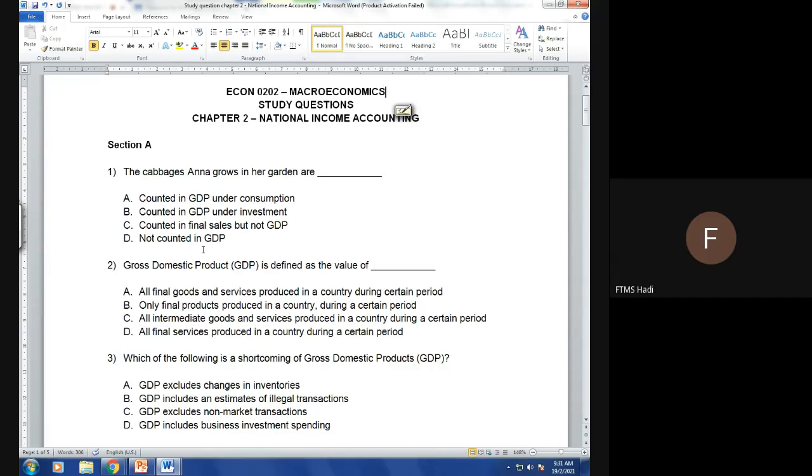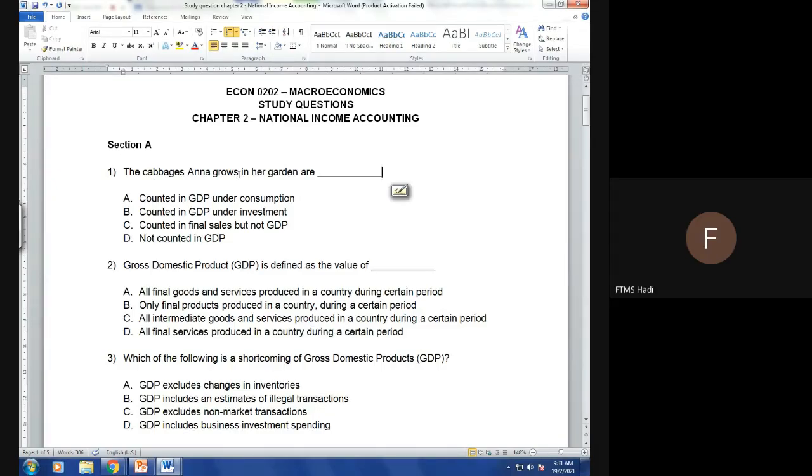The cabbages Anna grows in the garden are... All right, the first one, have a look at the answer. Counted in GDP under consumption. Consumption means the spending made by consumers. But the problem here is the cabbages Anna grows. That means the cabbage is still at the farming area, so it's not ready yet.